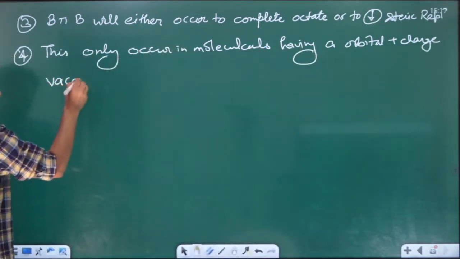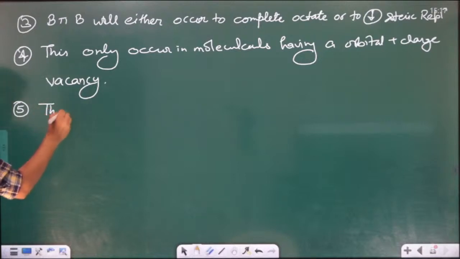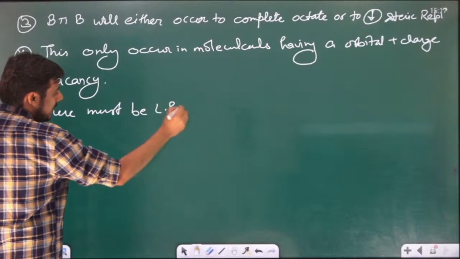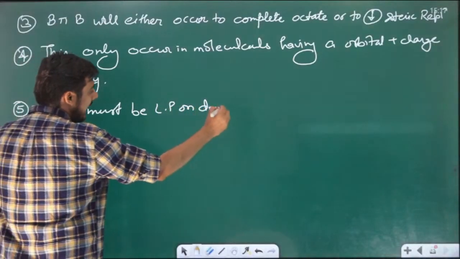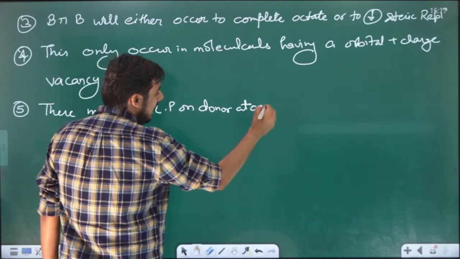That is a key important aspect. Another important aspect over here, fifth point to note down, there must be lone pairs on donor atom. There must be at least one lone pair on donor atom.